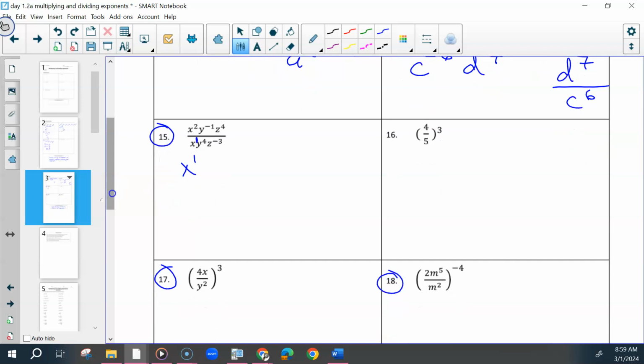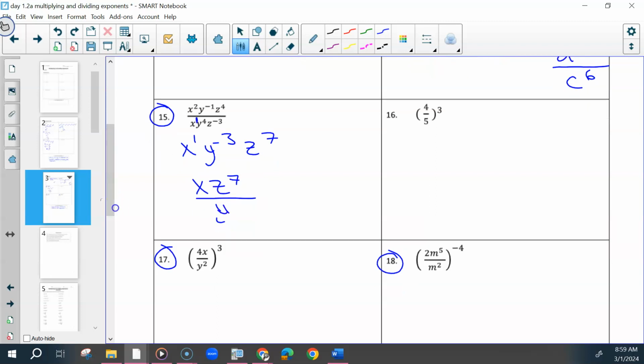Negative 1 minus 4 would be y to the negative 3. 4 minus a negative 3 would be z to the 7th. And then the only thing that gets changed here is y. So x and z stay in the numerator, y gets brought down to the denominator. Have any questions there?